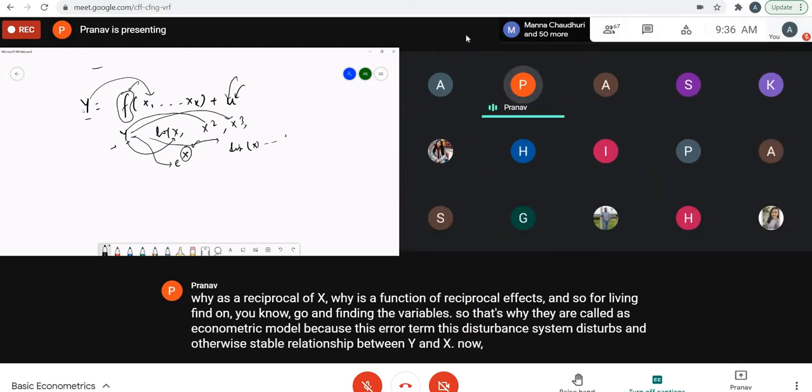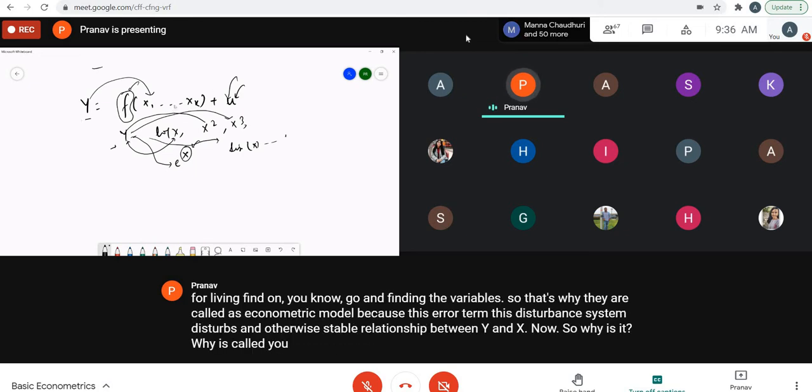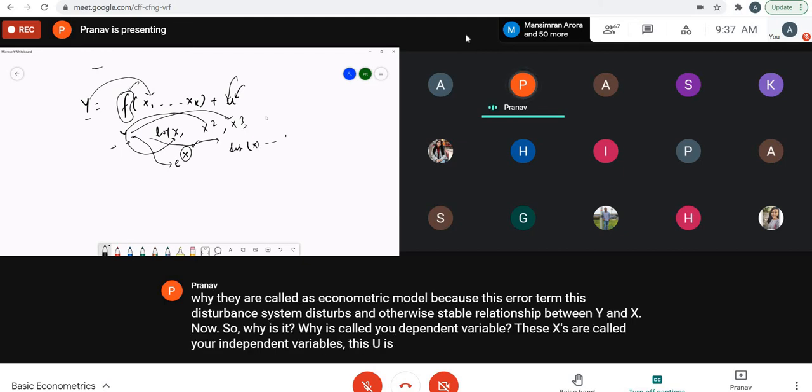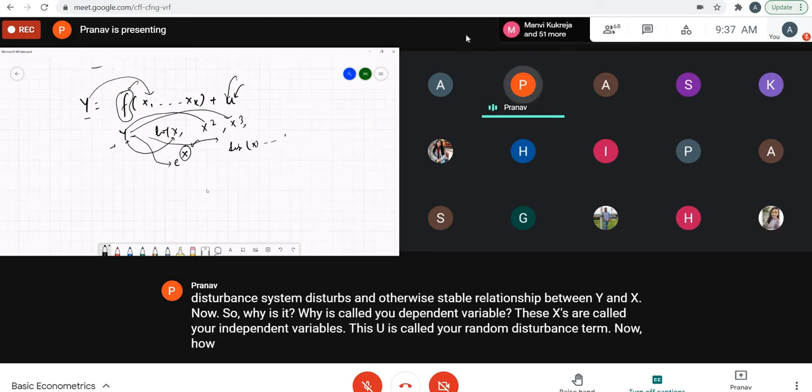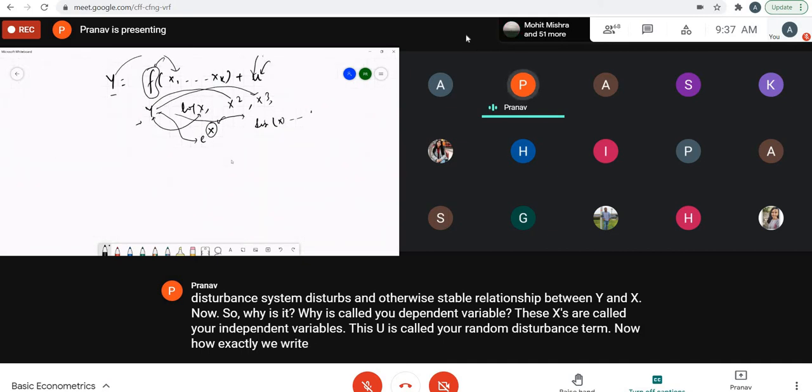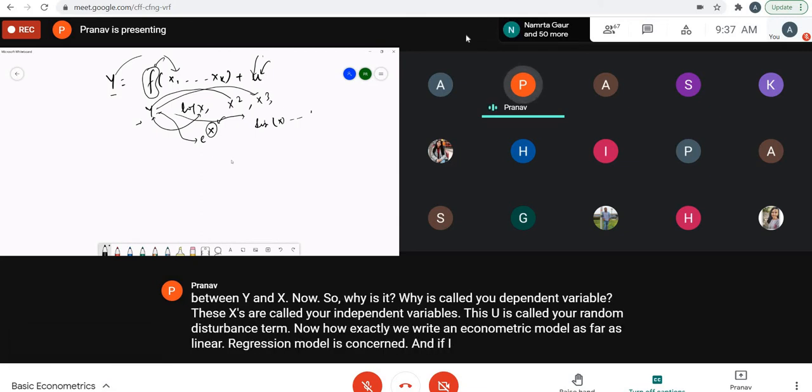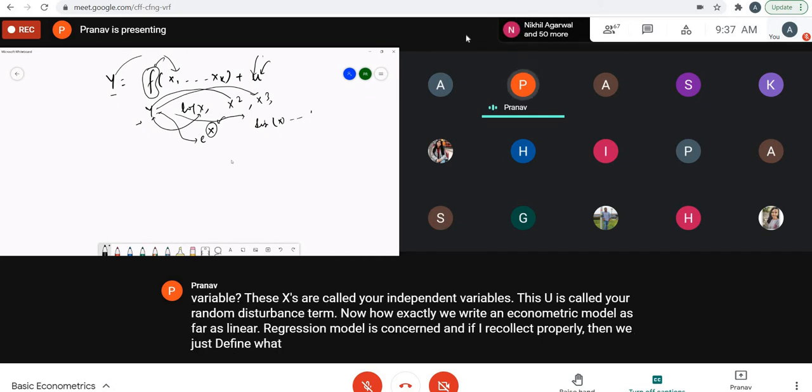Now, y is called your dependent variable, these x's are called your independent variables, and this u is called your random disturbance term. Now, how exactly do we write an econometric model as far as the linear regression model is concerned? If I recollect properly, we just defined what linearity as a term refers to.